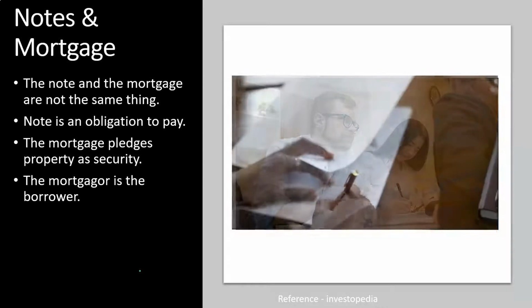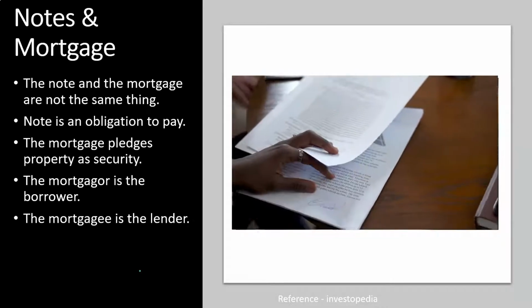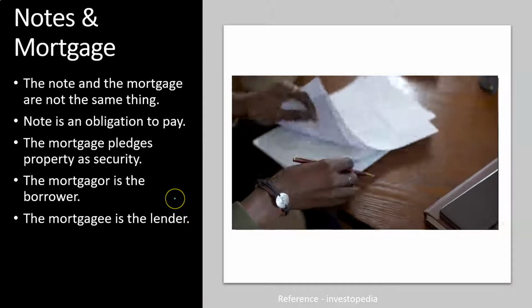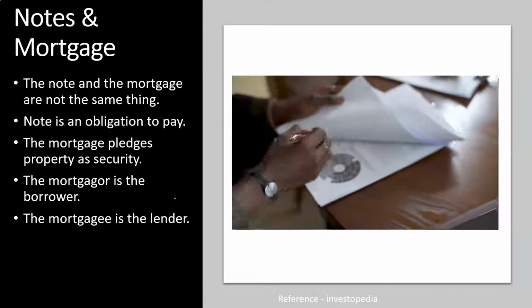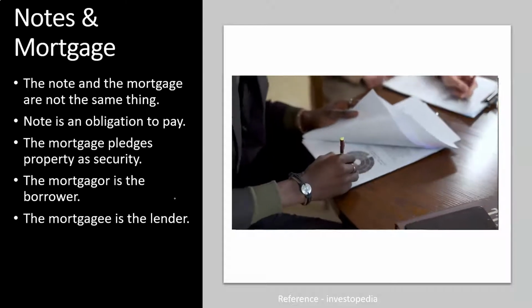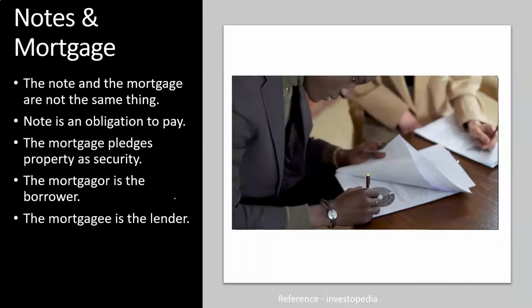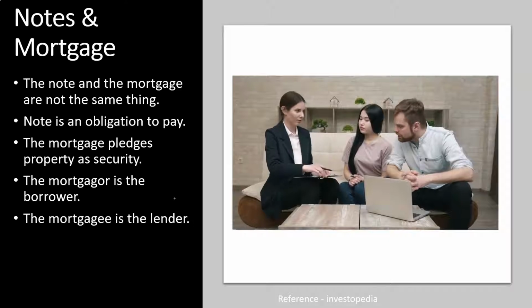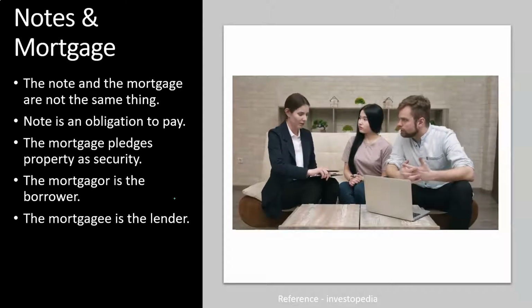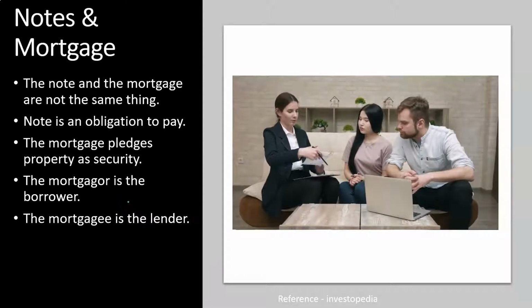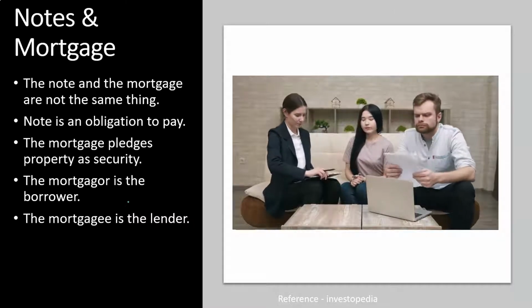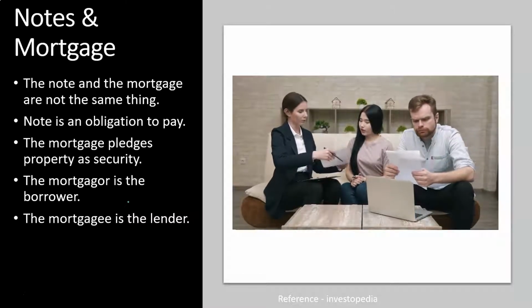So the mortgagor is the borrower, the mortgagee is the lender. This can be a little bit confusing because when we think about a loan, we think about the lender as the bank doing the lending, and the lendee being the person getting the loan, basically the borrower. When you think about the mortgage, however, notice you're the owner. If you own the property, then you're saying I own the property and I'm mortgaging it.